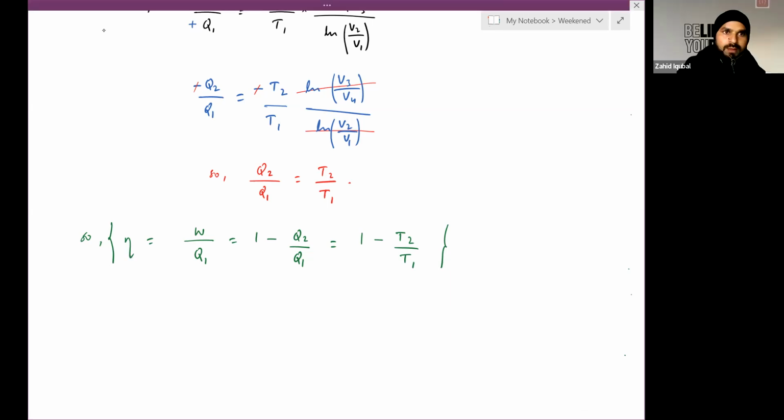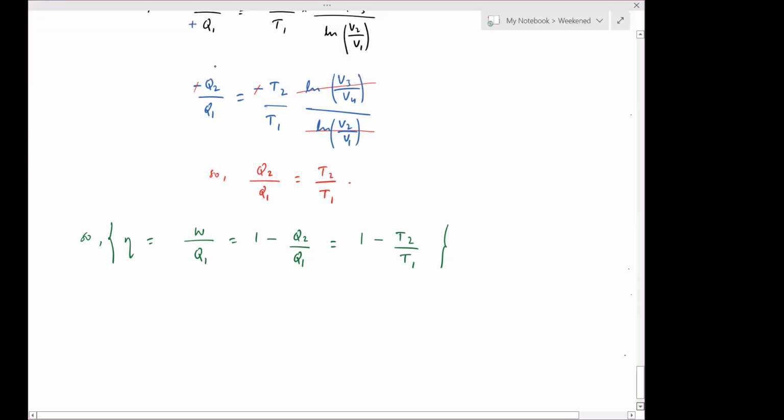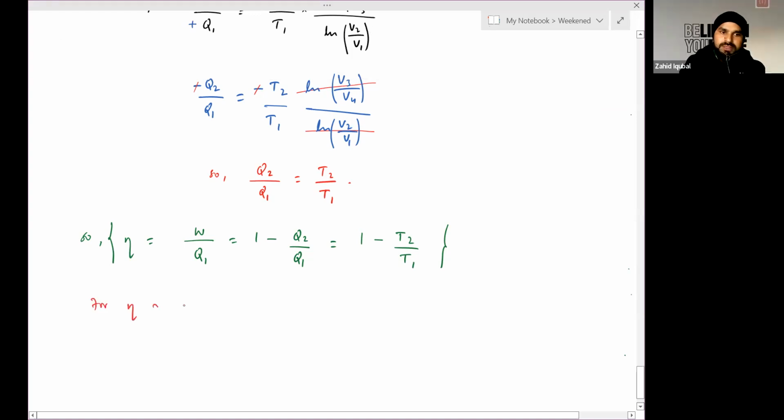Saifullah, is it clear why the efficiency of a heat engine can never equal 1 or 100%? Yes, sir. For eta to be 1 or 100%, T2 must equal 0, and at 0 Kelvin there will be no existence of matter.